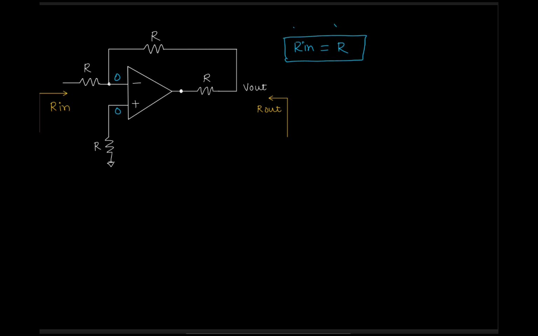Now just calculate the R out. This is all ideal amplifier, so the output resistance is 0 and this resistance is connected. Output resistance is 0, so that means this is connected to ground, and this is an ideal amplifier. So what will happen, you will just draw this type of circuit.